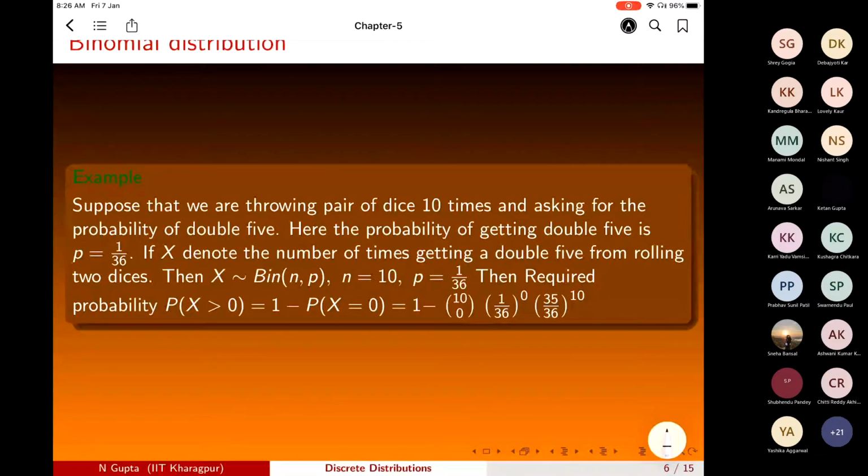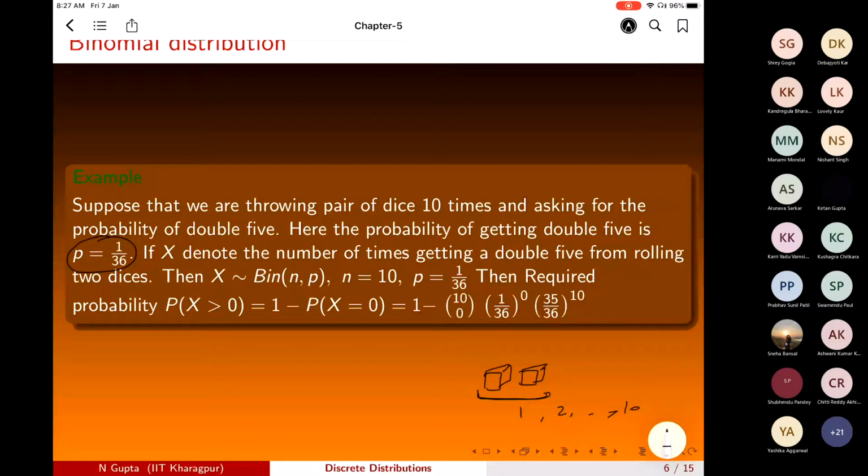So we are throwing a pair of dice 10 times; throwing it one time, two times, up to 10 times, and each throw is one trial. The probability of getting a double 5 is 1/36, since in one trial you can have 1,1, 1,2, up to 6,6. So the probability of getting double 5 is 1/36 in one trial.